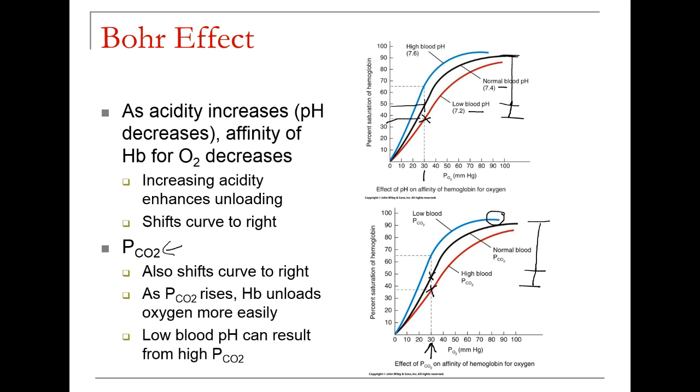So you can see that getting rid of the carbon dioxide at the lungs allows you to actually load in a little more oxygen onto the hemoglobin than you would normally have predicted.